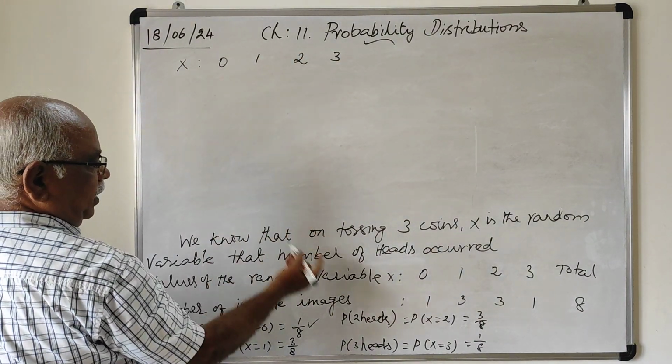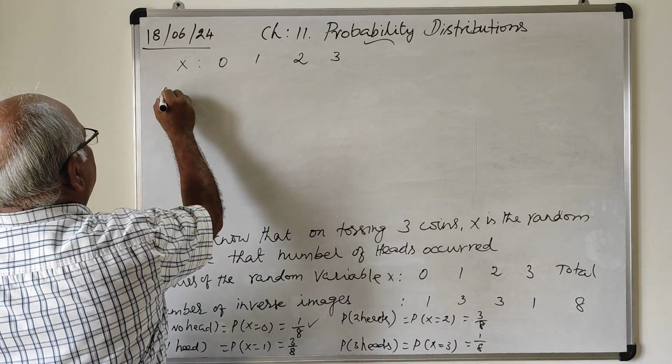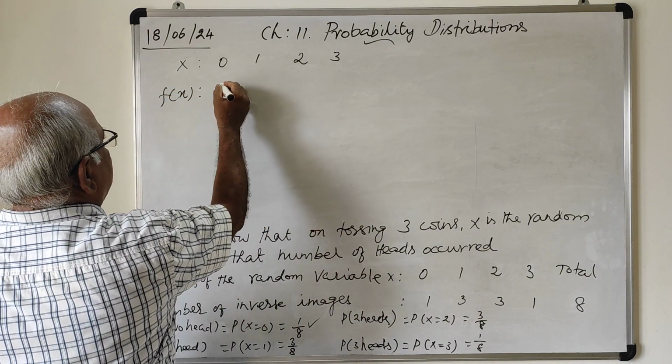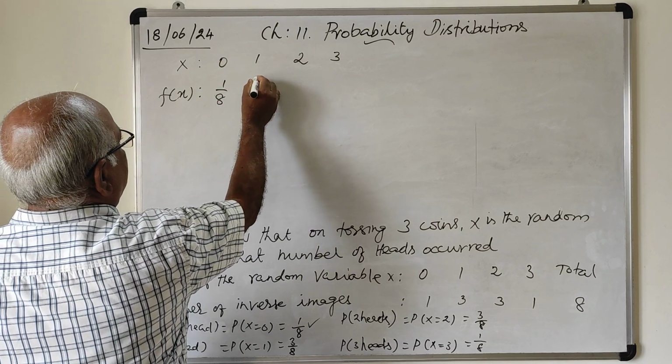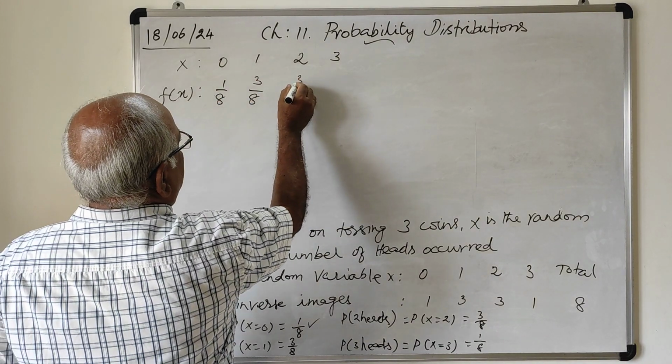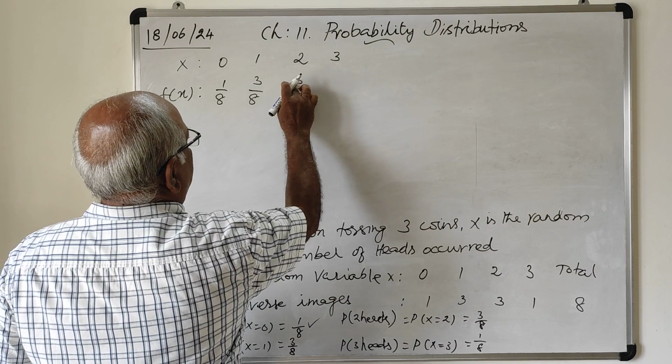Their corresponding probabilities are defined by f of x, that is 1 by 8, 3 by 8, 3 by 8, and again 1 by 8.